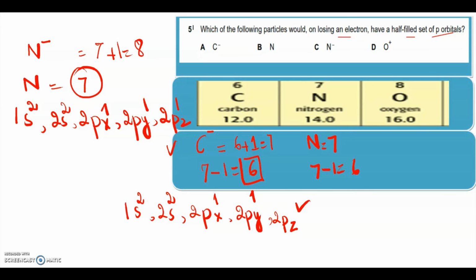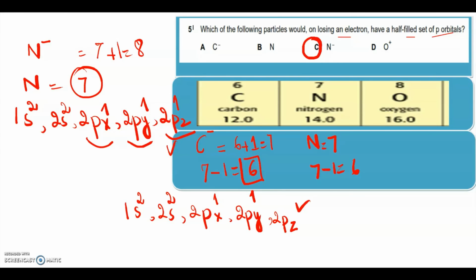So these are known as a half-filled set of orbitals. Each orbital can accommodate 2 electrons. So you can see these orbitals accommodate 1 electron each. So this is said to be a half-filled set of p orbitals. So option C is the correct option.